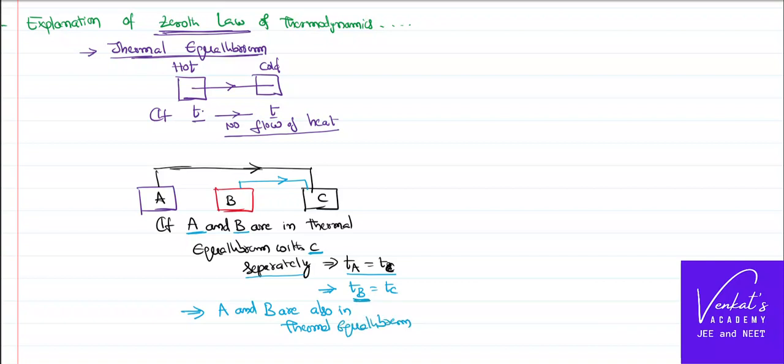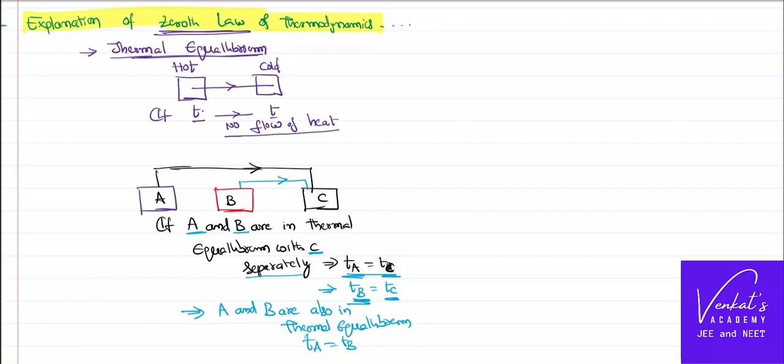See, it's obvious that Tc and Tc are the right hand sides of these two equations. So their left hand sides are equal. That means temperature of A equals temperature of B. That law is called the zeroth law of thermodynamics.